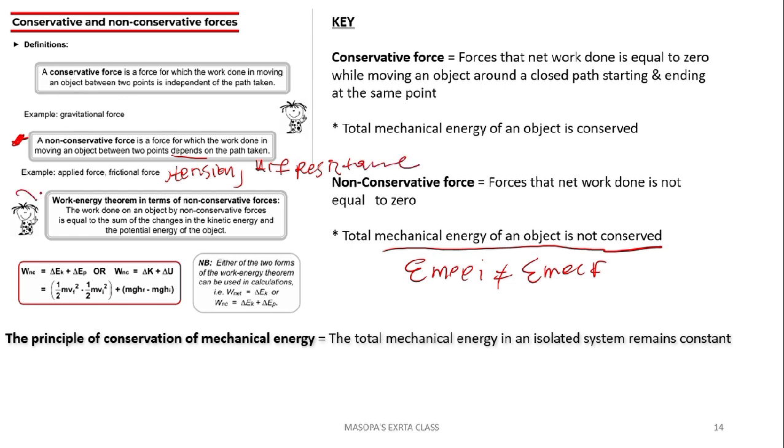Also we have a definition of the work energy theorem in terms of non-conservative forces. You add to the work energy theorem, where work net equals the change in kinetic energy, so the work done on an object by non-conservative forces equals the sum of the change in kinetic energy and the change in potential energy of that object.